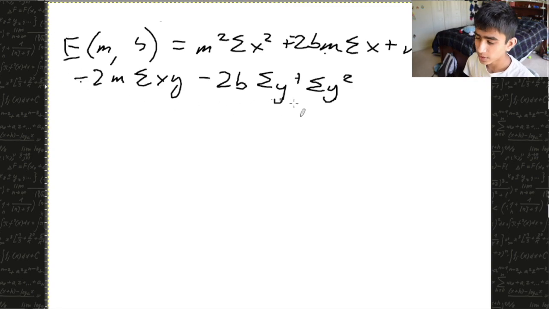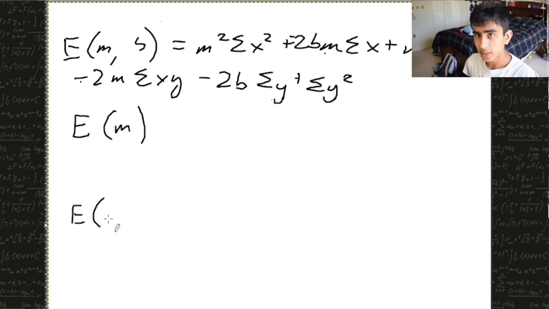So now we have this equation, and we need to find the values of m and b that create the least possible value of e, because e is the sum of the squared residuals between the line mx plus b and the points that are given to us, x's and y's. So from here you can write this as a function of first m and then b.